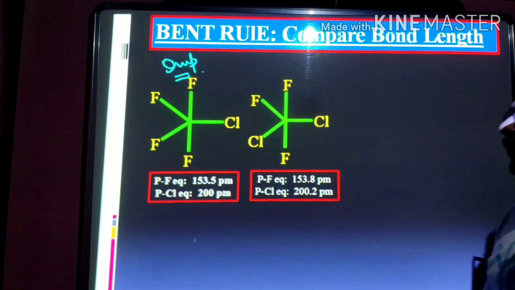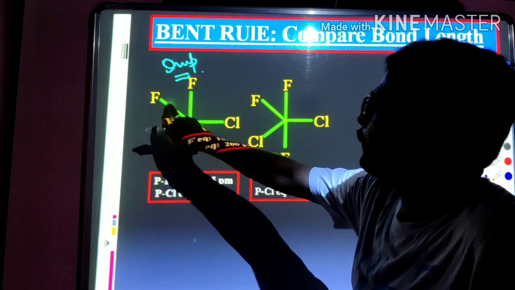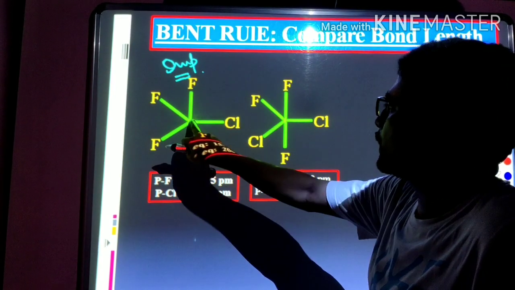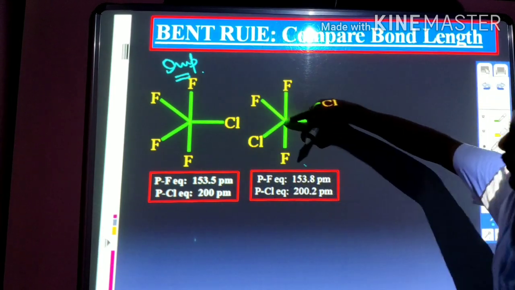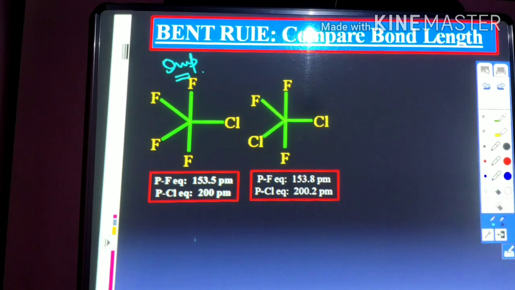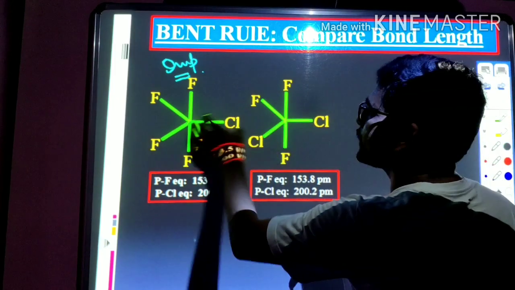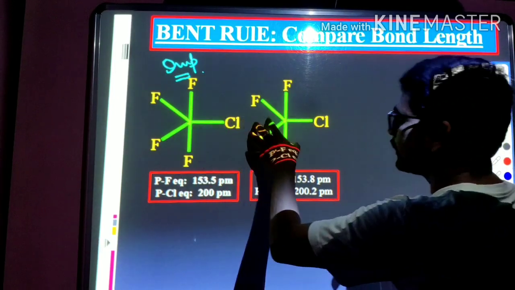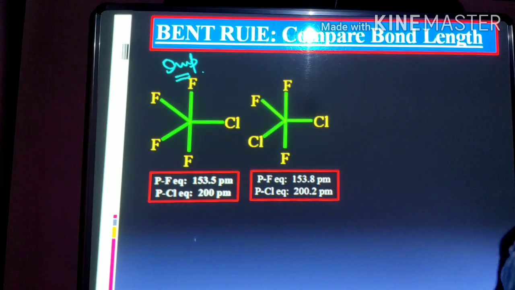Let me show you. See, here the PF equatorial bond is 153.5 and PCl is 200 picometer. Here it is 153.8 and 200.2 picometer. Means from here to here the equatorial bond length PF and PCl increased.